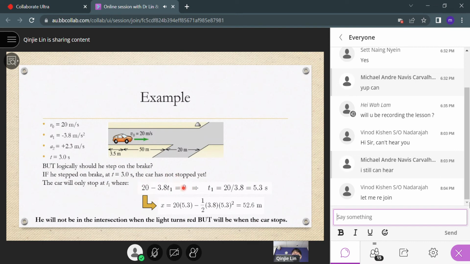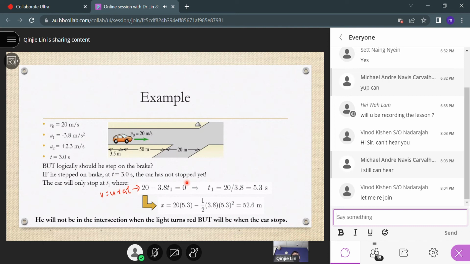This is our V equals to U plus AT. Okay, so V down here, they put on the right hand side. Why for V we put 0? Because we want to find out when it stopped, right? When it stopped, the velocity is 0. So the final velocity, we put it as 0.